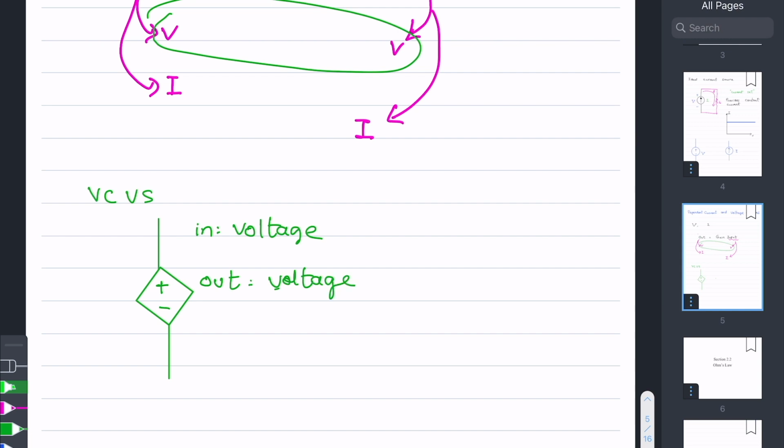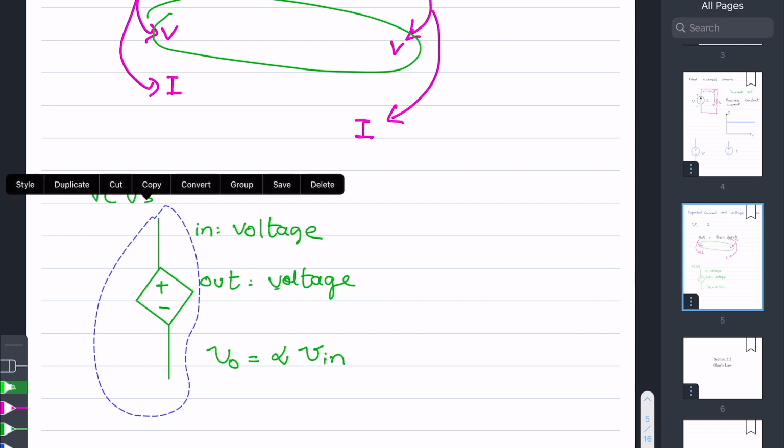So if you look at the relationship between the input and output, V output is some gain alpha times V in. That's a voltage controlled voltage source.